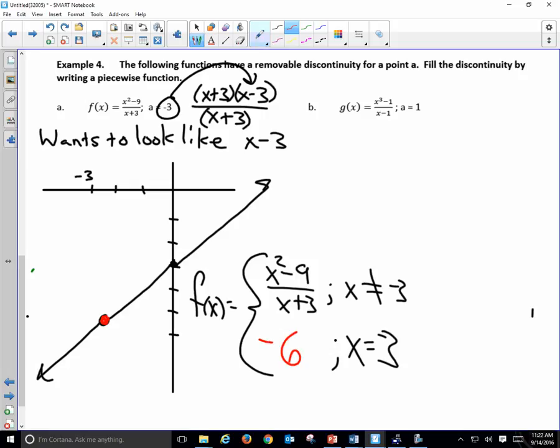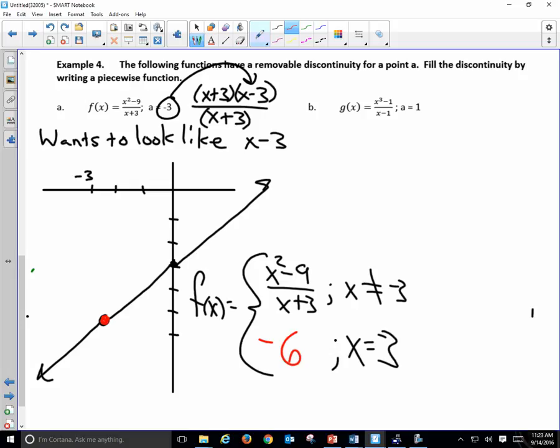And when you can fill that discontinuity, that becomes the amazing thing about being able to find that slope and not having to use our limit stuff. Okay? Right here? Yeah. Am I not good enough? Okay.